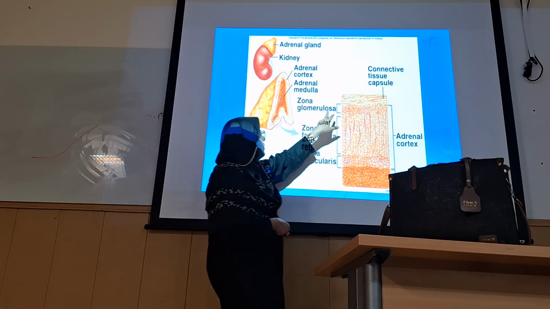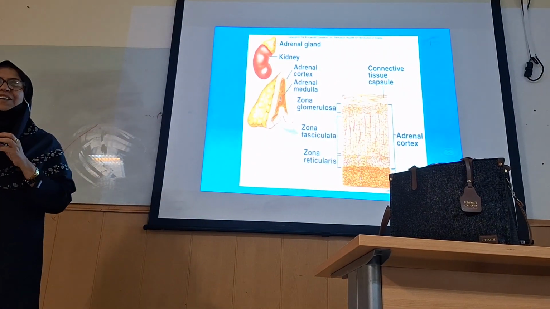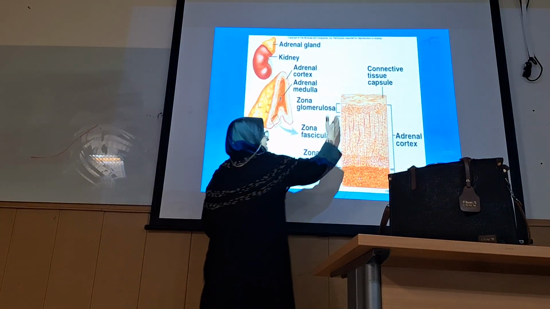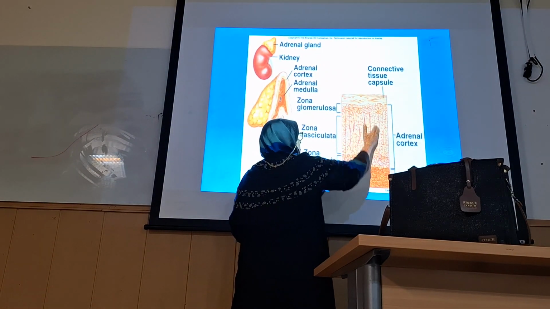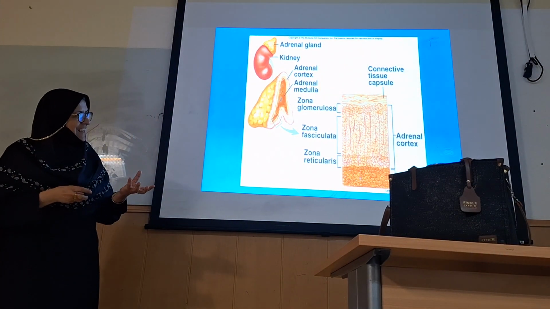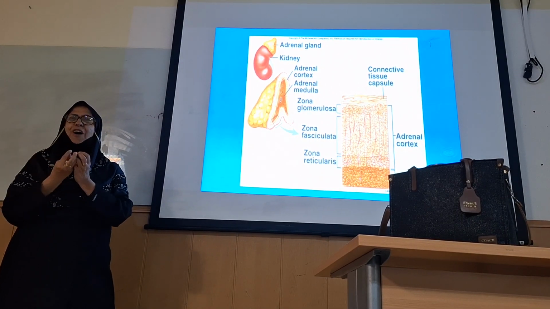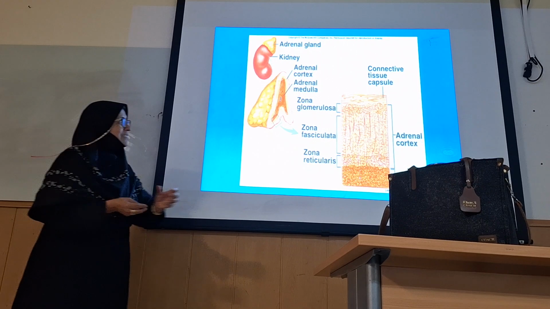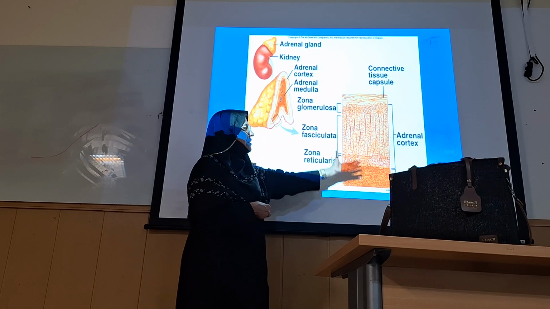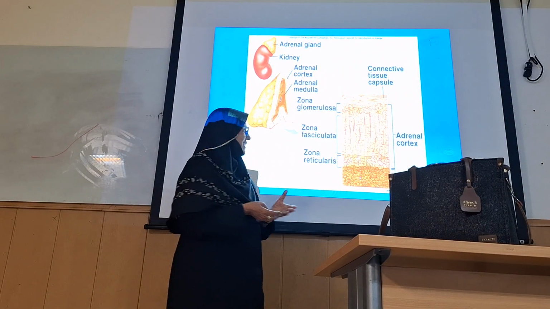Okay? In zona glomerulosa, the cells are similar to the glomerulus in the kidney. In zona fasciculata, the cells are arranged in parallel, in an ordered way. In zona reticulata, the cells form a complex network, okay?